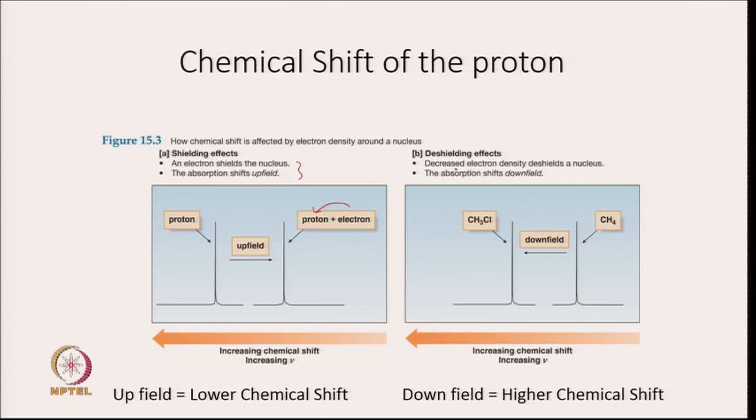If somehow we decrease the electron density near a nucleus, we are basically de-shielding it. And in that case the absorption shifts downfield, and downfield means higher chemical shift, whereas upfield means lower chemical shift.